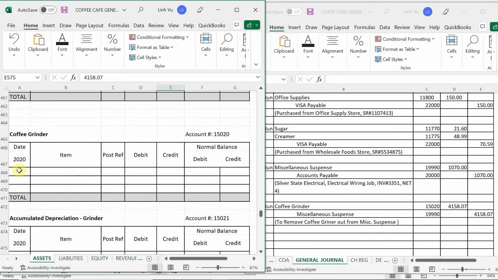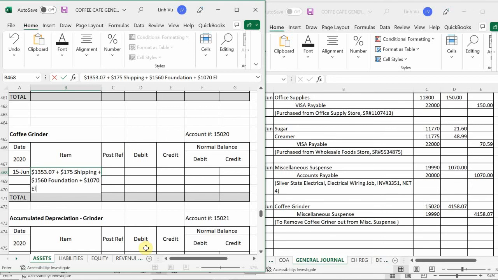Here's my coffee grinder account. In this case, my coffee grinder, we already said it was $1,353.07 plus $175 for shipping, plus $1,560 for foundation, plus $1,070 for the outlets.